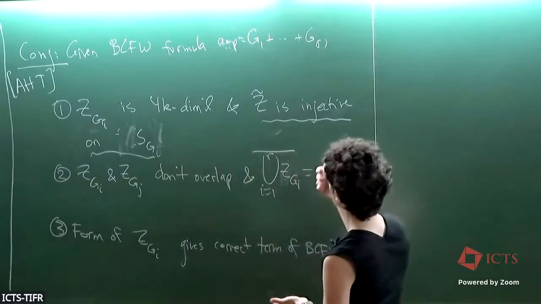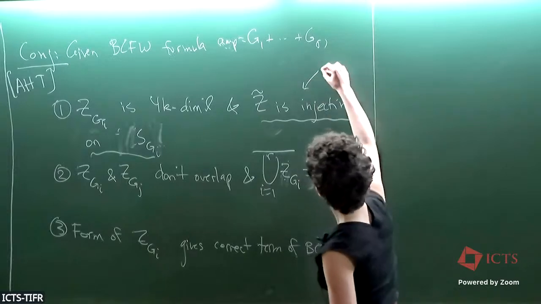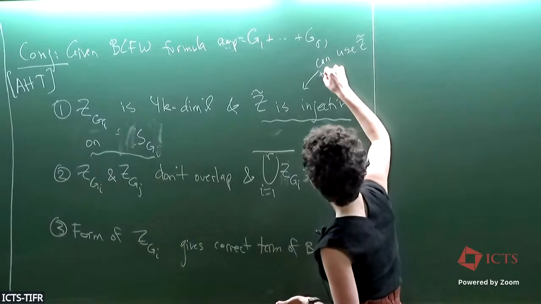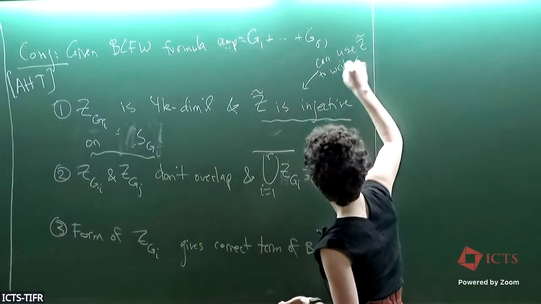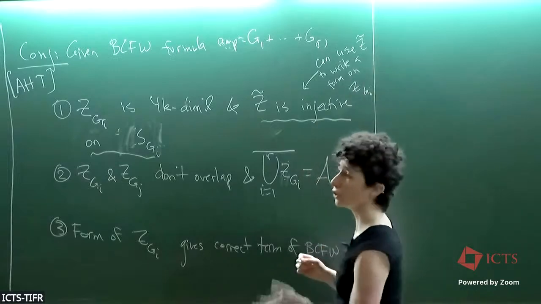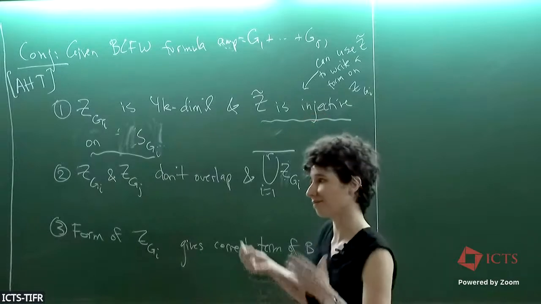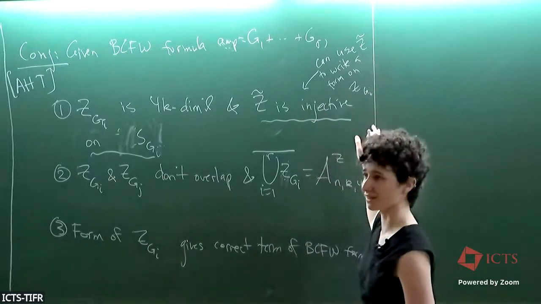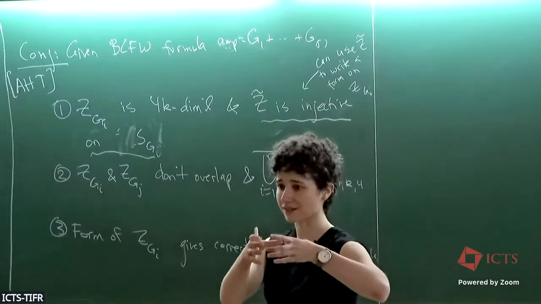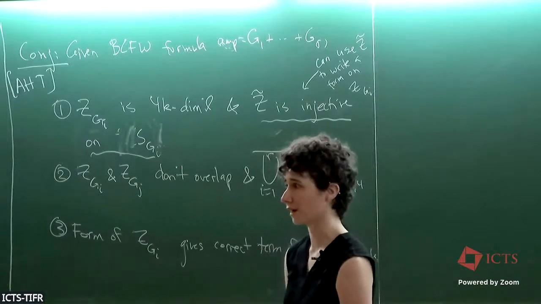The other reason you want this is that as soon as you have this, you can use the Z tilde map to write a form on the image using the form from the domain upstairs, right? I'm not going to go too much into detail, but this is the condition you want if you want a form upstairs to be interpretable also as a form downstairs. So that's another reason why it's a natural condition.